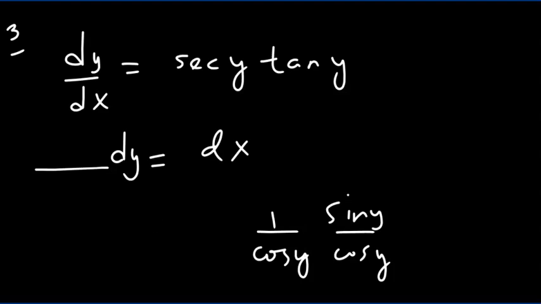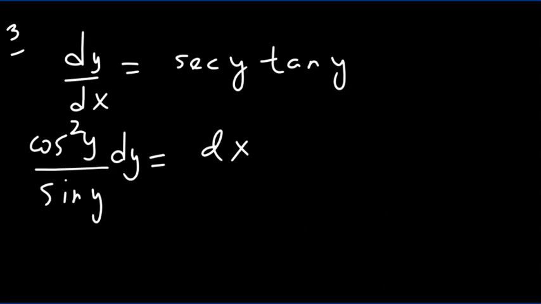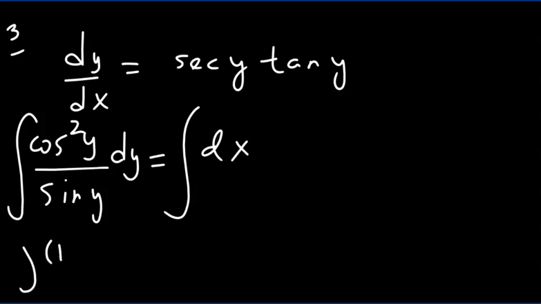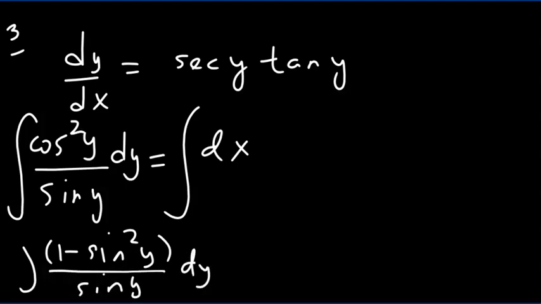So the left-hand side will simply become cosine squared y over sine y dy. In order to determine the general solution, we need to integrate both sides. The left-hand side is simply (1 minus sine squared y) over sine y dy, and the right-hand side is the integral of dx.